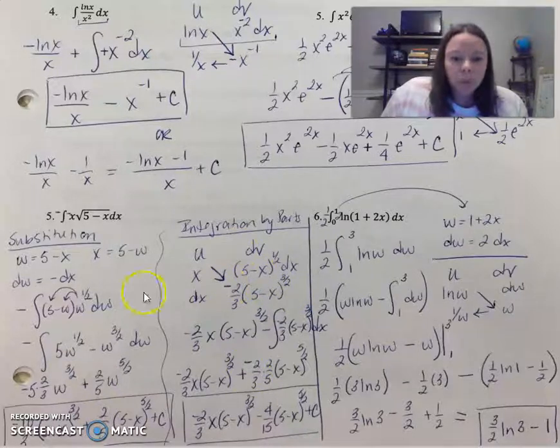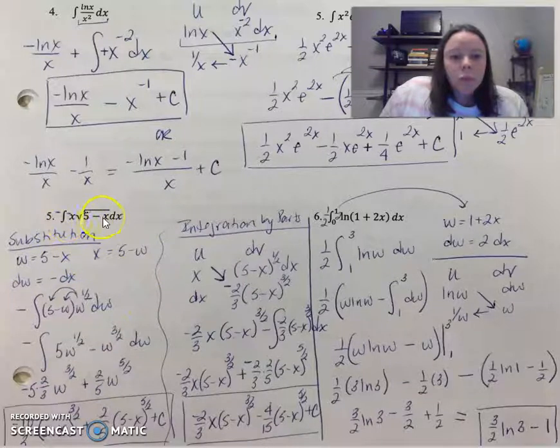But if you think through these, this being the substitution part, what makes this interesting is if you do substitution, so you make the inside your w here, then you do the derivative, you get negative dx. Now, when you go back to look, you realize, uh-oh, I have that extra x out on the outside. But you can take this equation and easily solve for x. Notice you can make it x equals 5 minus w.